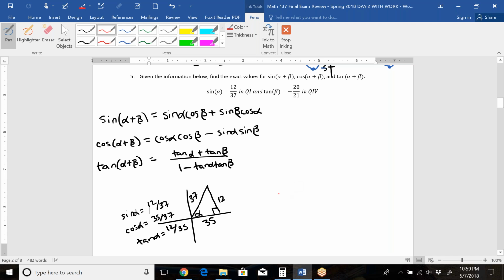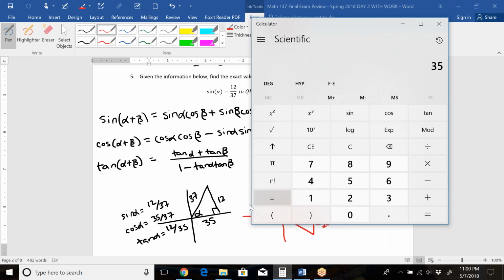Okay, let's draw what we know about beta. So beta is in quad 4, with tangent they gave us this time, which is opposite over adjacent, and negative for the y value, so negative 20 over 21. We'll need to use the Pythagorean theorem again, so 20 squared plus 21 squared is 841, and let's see if that's a perfect square.